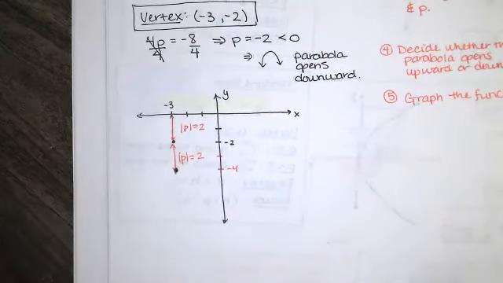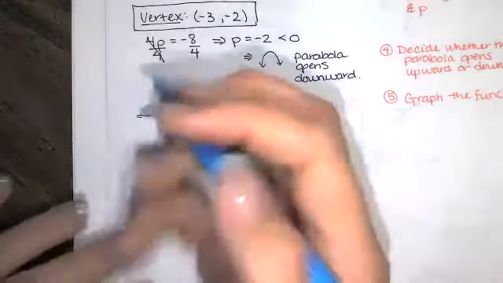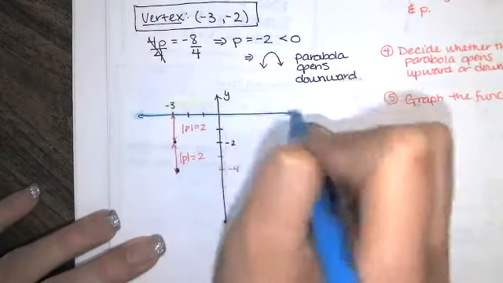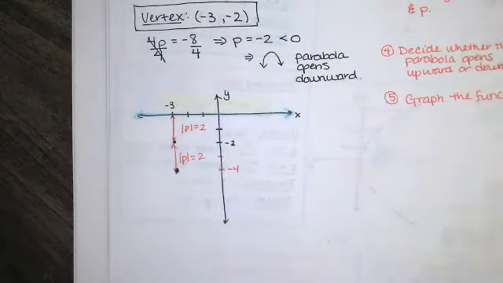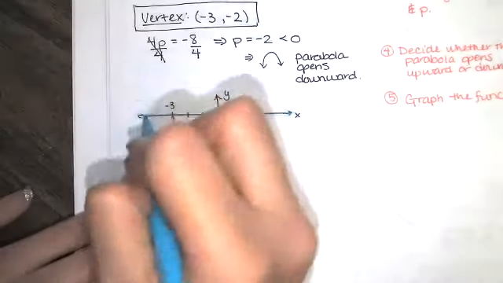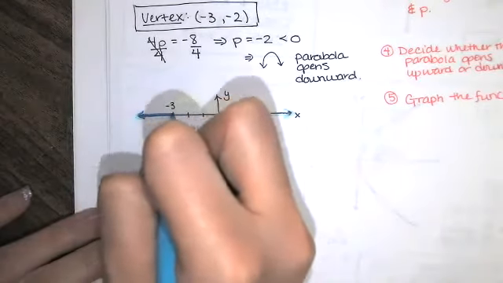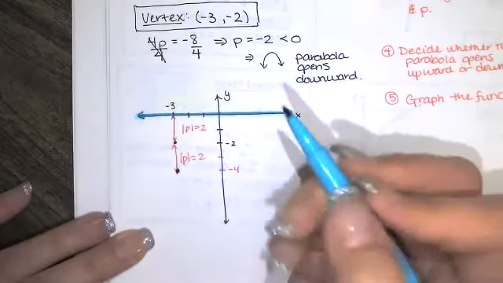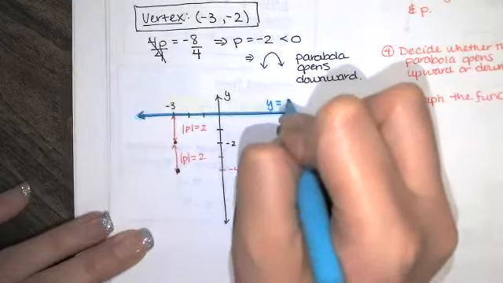I'm going to use a blue highlighter for the directrix. Actually, I think it might be time to retire this highlighter. It's not working very well. Use this blue marker. And of course, the equation of that line on the x-axis is y equals 0.